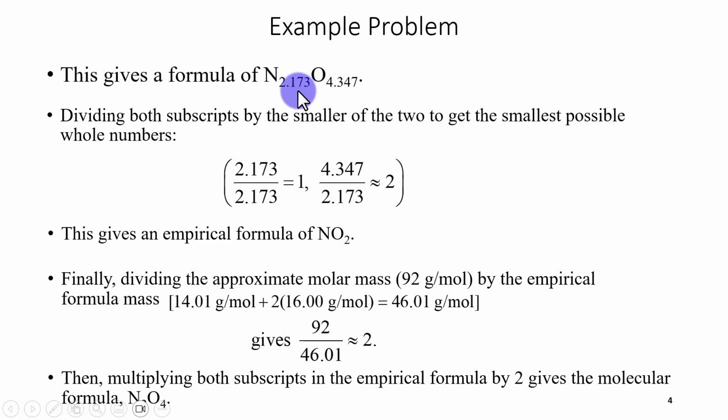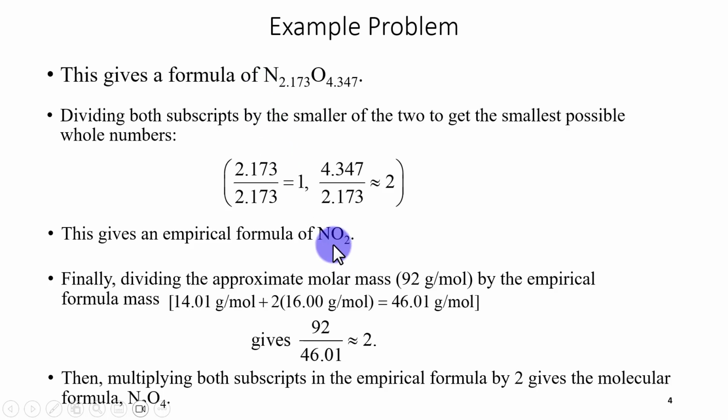In this case, the smallest of the two is 2.173. So I divide 2.173 by itself to give me 1, and I divide 4.347 by 2.173 to give me 2. So now I've simplified the coefficients to N1O2, although I don't write the 1.